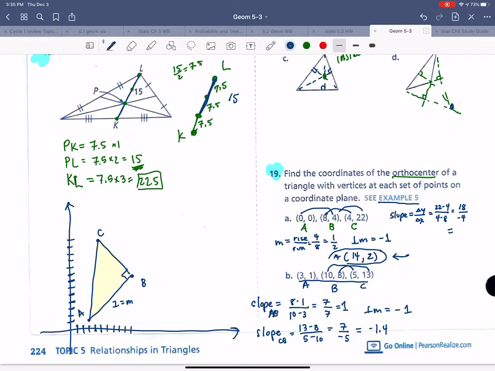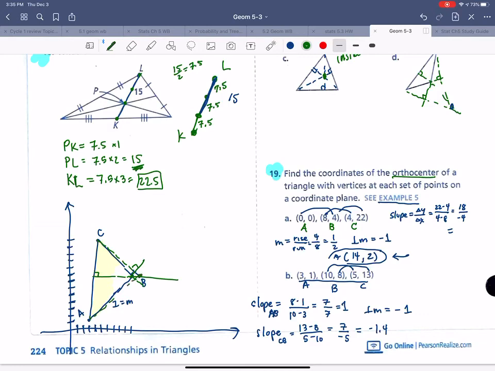So looking for our orthocenter, we drop an altitude, and we know this is not 90. All right, we drop our altitude. This, drop a 90. And this, drop a 90.